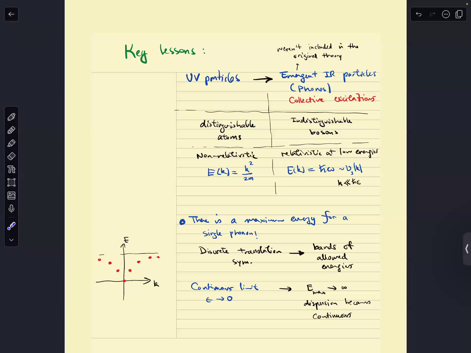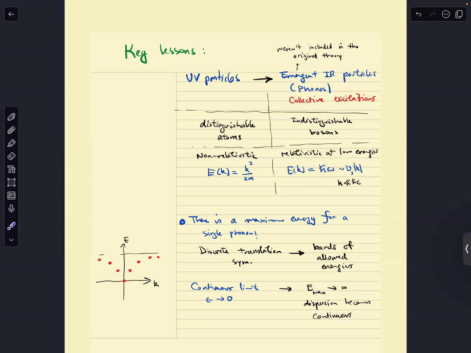Good? Is that clear? Does this dispersion ring a bell? This is the dispersion for a photon, or phonon, hence the name phonon. It's a massless excitation that propagates like that.